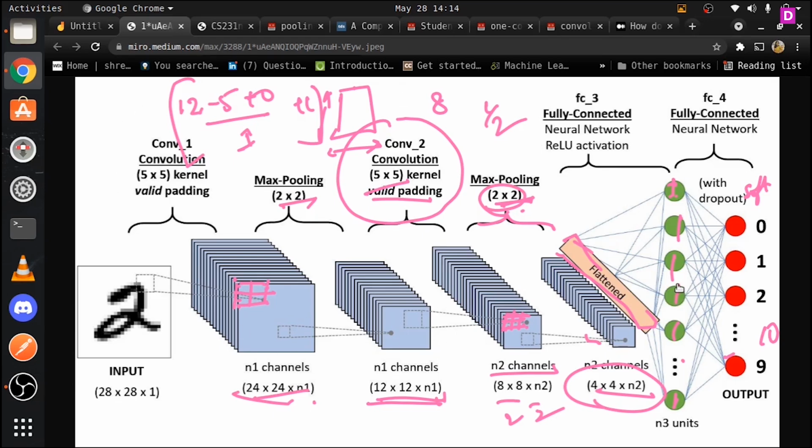Now there are different case studies and different ways in which neural networks are used. By that I mean, this is the basic design for 28 cross 28. I can change this obviously, and instead of valid, I can use same padding, so I am going to get different results.